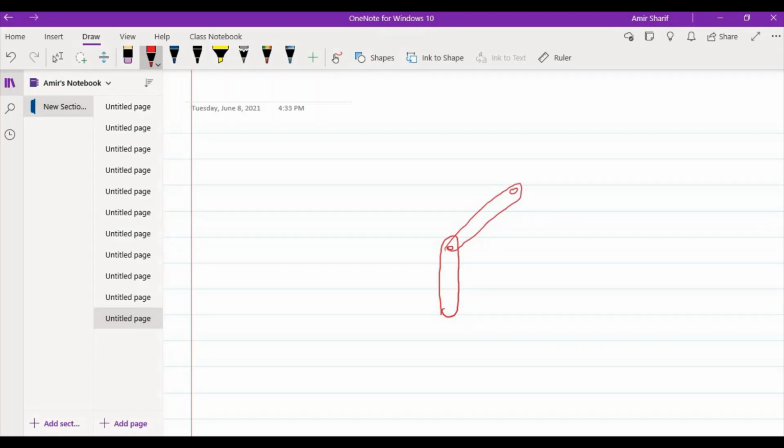So its workspace will be something like this. Let's say at this point you have attached your end effector, so its workspace will be like this. This is the center.